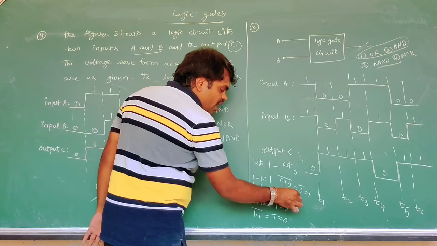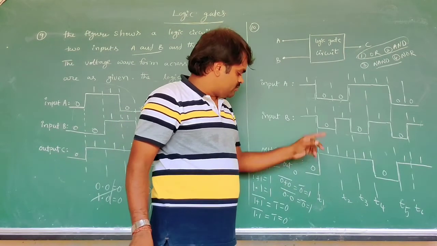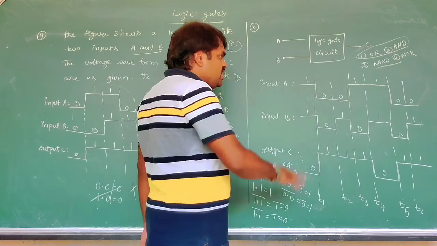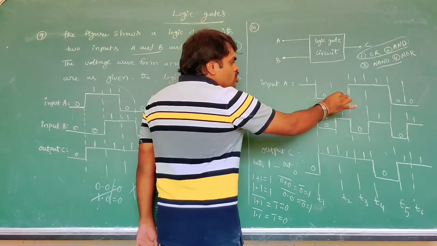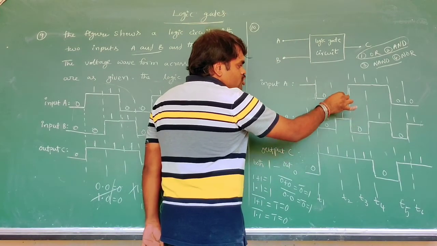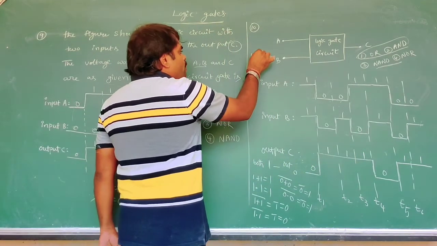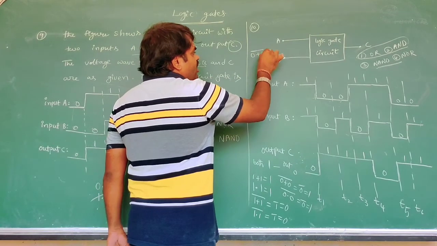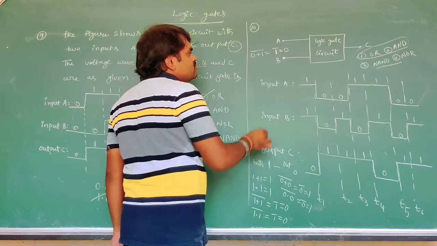0 bar is 1, so both are correct. For 0 0, that means maybe NAND or NOR. Now 0 1: what do we get? 0 plus 1 bar is 1 bar, and 1 bar is 0.